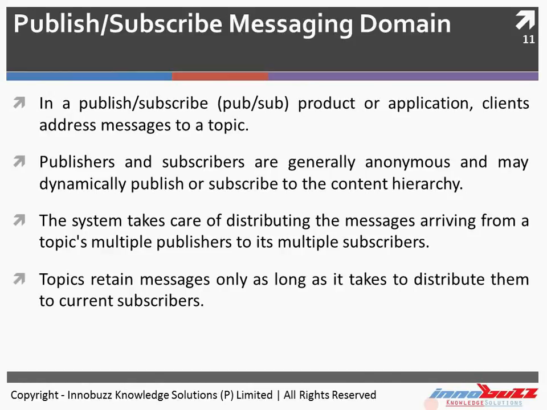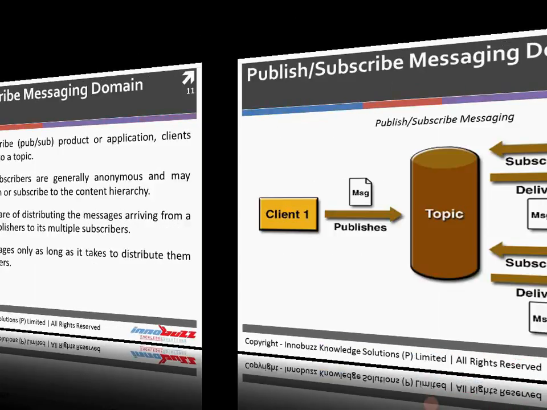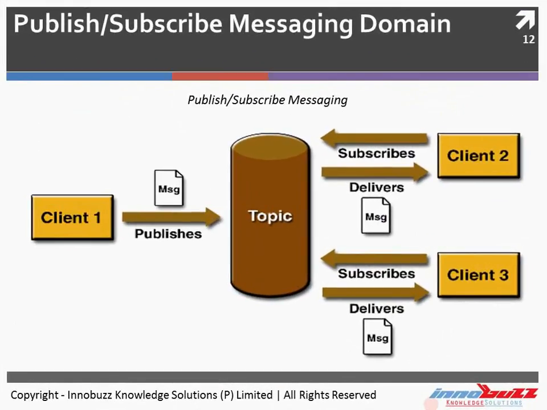So here there are many publishers and many subscribers involved in the messaging domain. This is the basic messaging domain of publish and subscribe. Here each message can have multiple consumers. Publishers and subscribers have a timing dependence.